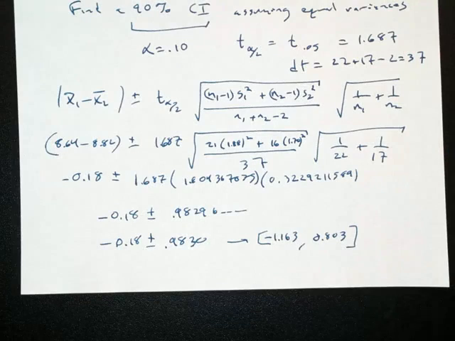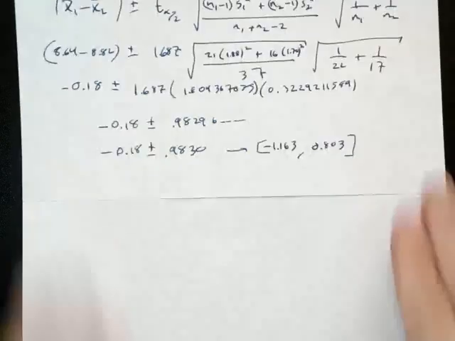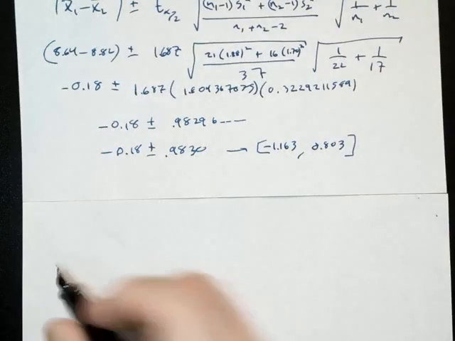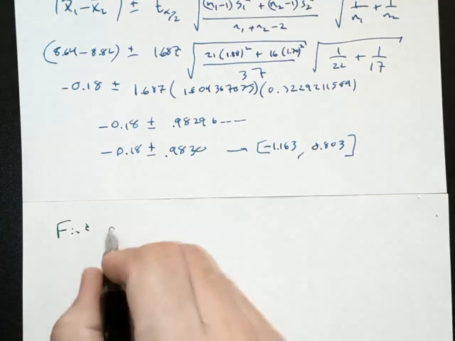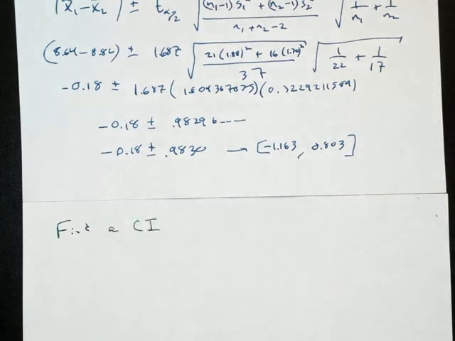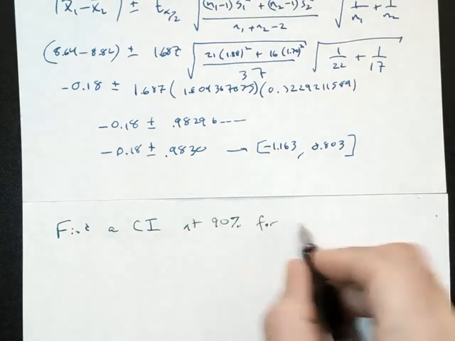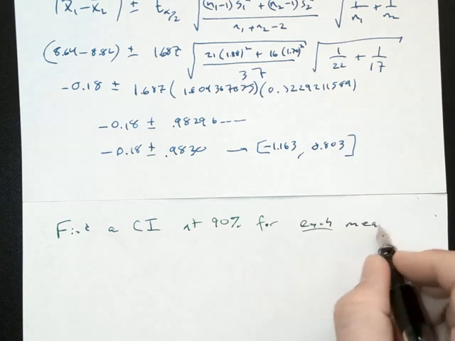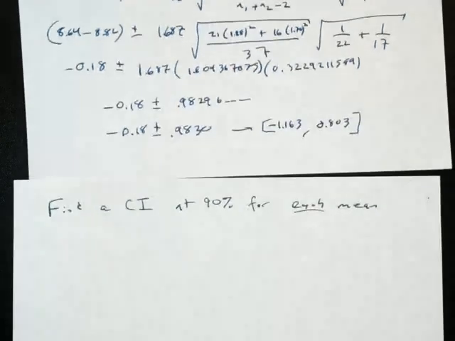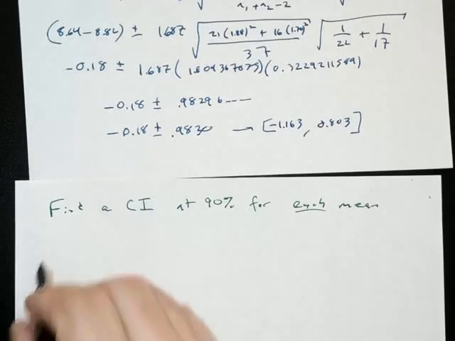On the other hand, I could ask you to find a confidence interval for each mean. This goes back to last chapter. All right, so let me copy down the first group.